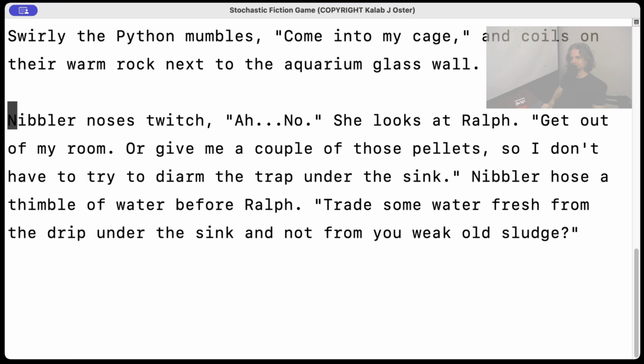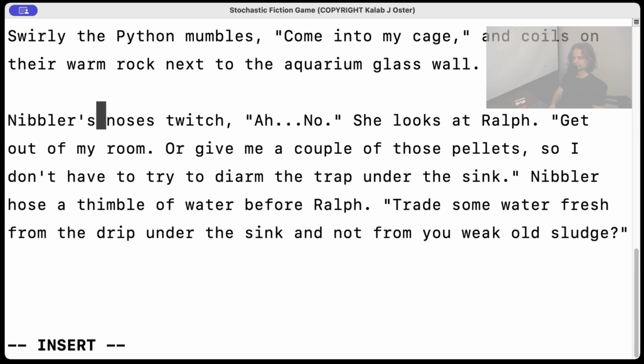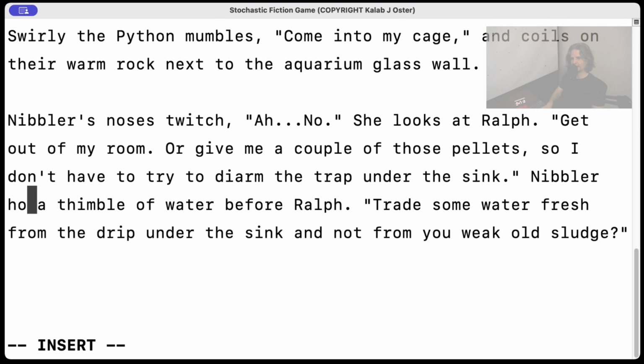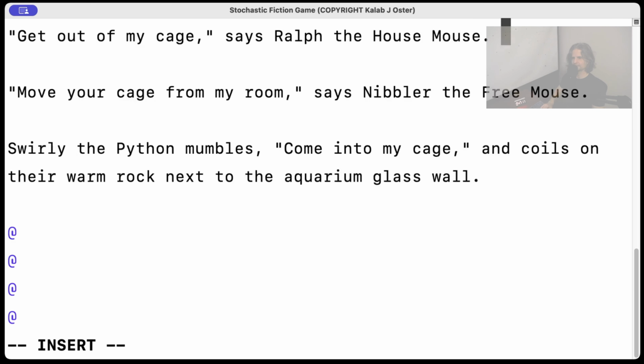Nibbler's nose twitches. Get out of my room or give me a couple of those pellets so I don't have to try to disarm the trap under the sink. Nibbler's held. Okay, I got to do past tense. That's right. Okay, so let's get out of that.